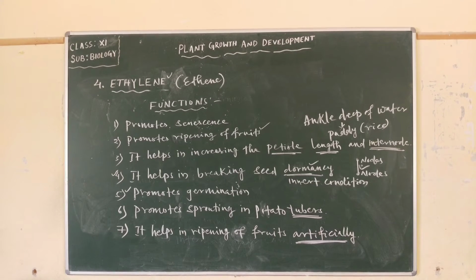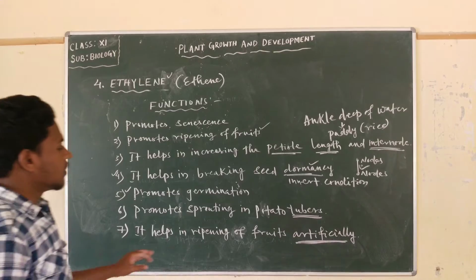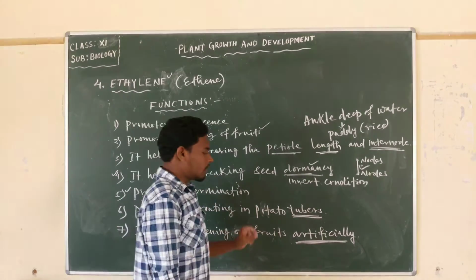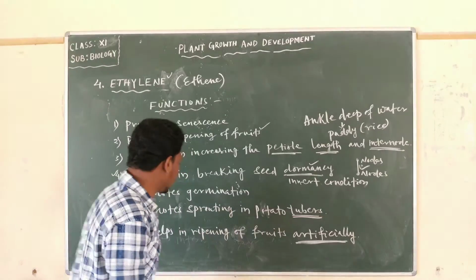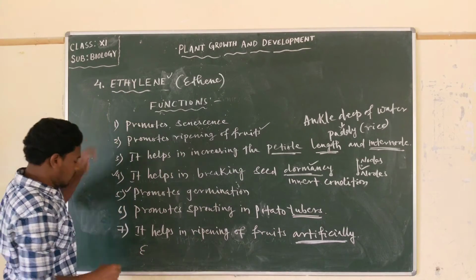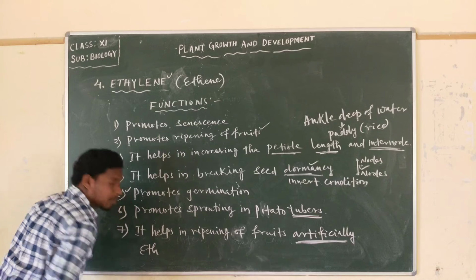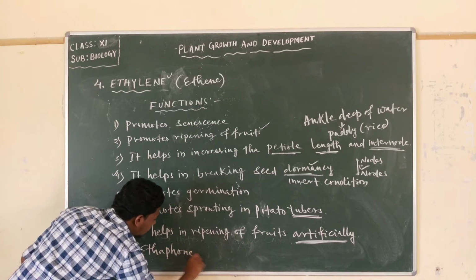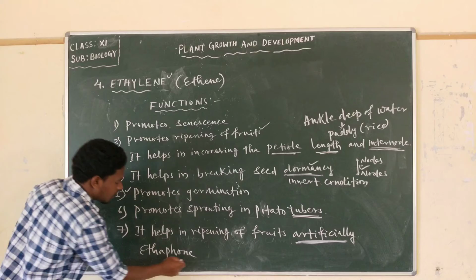So the artificial technique of ripening of fruit involves one solution, which starts with E, that is ethaphone.